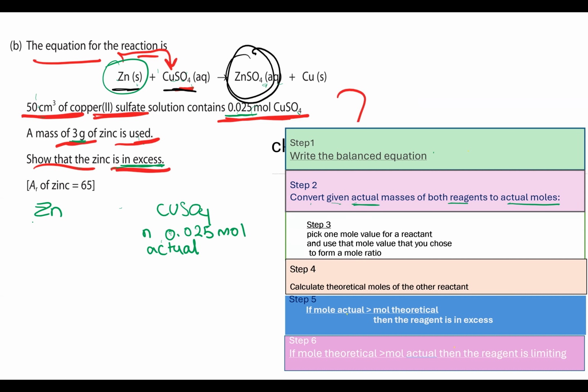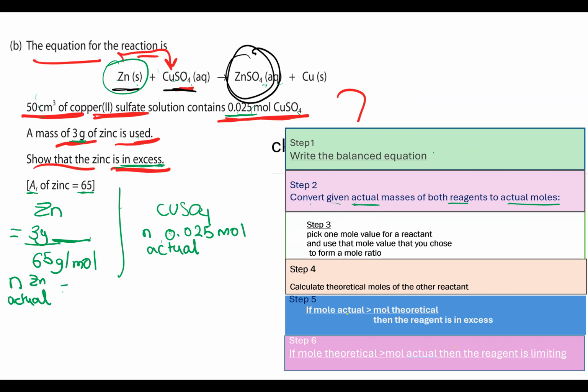Now, for zinc, we have to calculate it. They gave you the AR, so the relative atomic mass. So basically, it's 3 grams divided by the MR of zinc, which is 65 grams per mole. And whatever value you calculate here is going to be N actual of zinc.